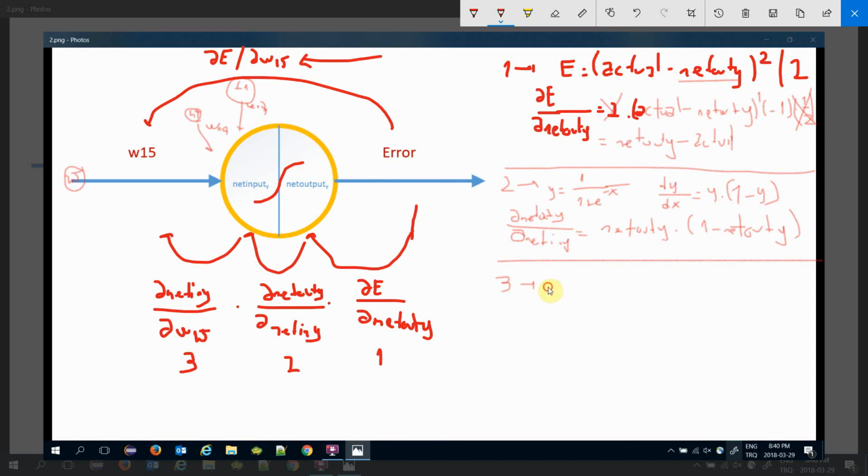I mean that net input Y is calculated as W13 times 1 plus W14 times net output H4 plus W15 times net output H5.